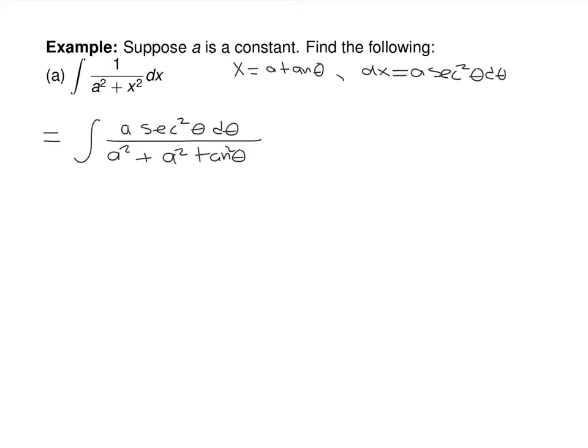Okay, now factor out the a squared in the denominator, and we'll have a over a squared times secant squared of theta d theta over 1 plus tangent squared of theta.